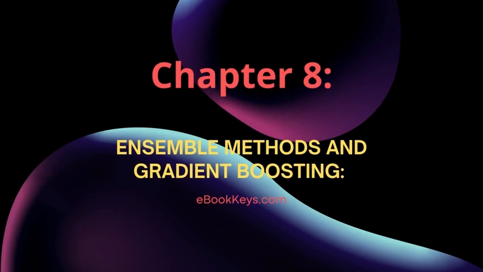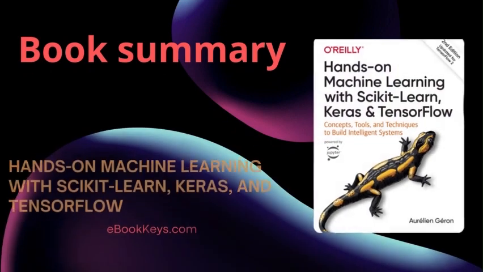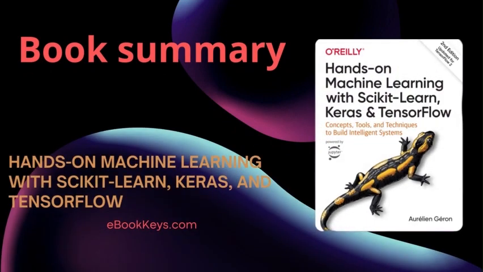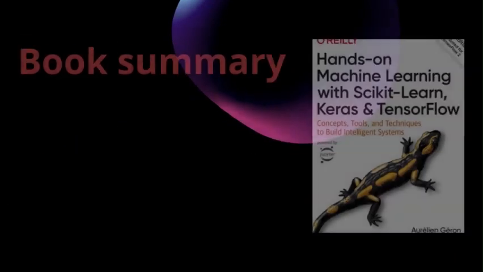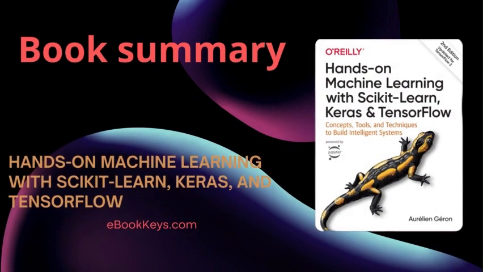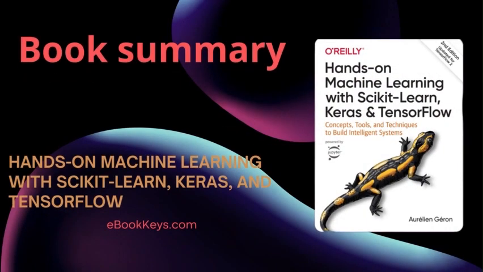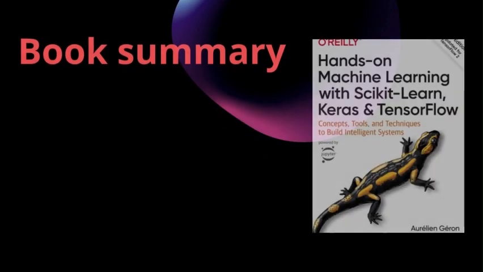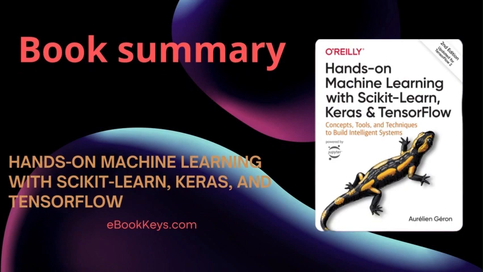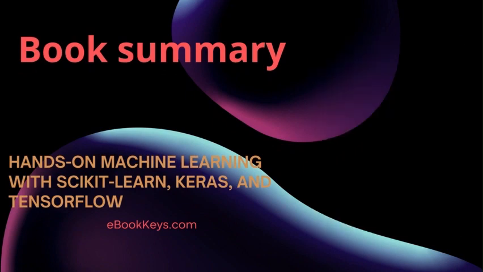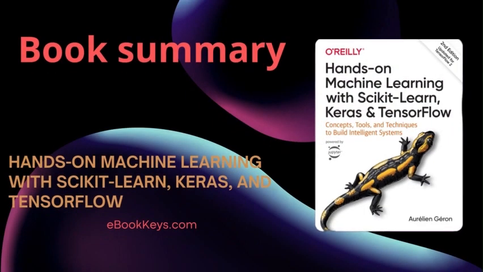Ensemble methods and gradient boosting. Move on to Chapter 8, Ensemble methods and gradient boosting, to gain insights into ensemble methods such as bagging, boosting, and stacking, and their role in improving model performance. It explores ensemble methods such as bagging and boosting, including algorithms like AdaBoost and gradient boosting. You'll learn how to combine multiple models to make collective predictions and handle diverse data scenarios.